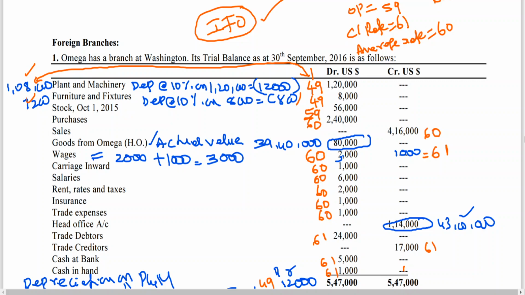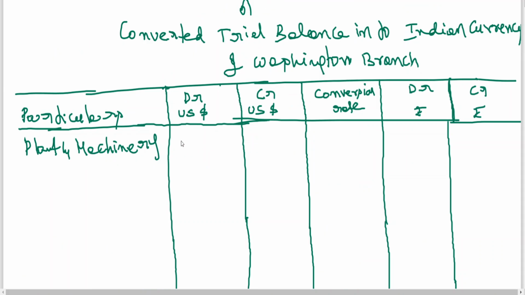Clear to all of you? Then here itself I am writing depreciation on plant and machinery. We have calculated, it has come to $12,000.